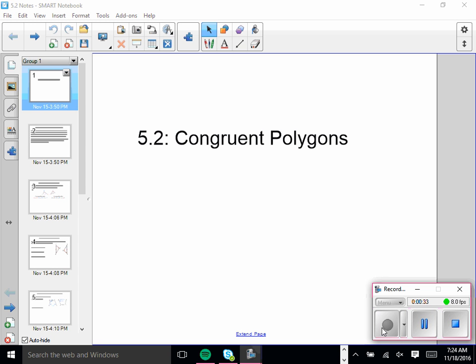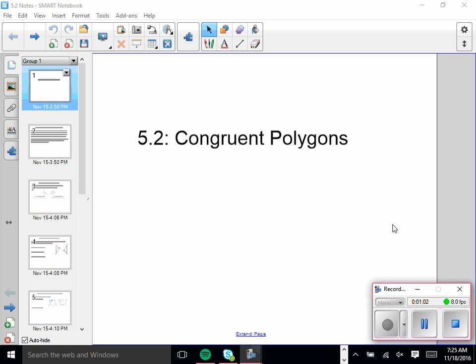And then I also need your journals open to page 130 if they're not already there. Page 130. So I'll wait just a second here. Now, if you are prepared, congruent polygons. Congruent is a word that we've heard over and over again this year. So if I were to ask you what congruent meant, hopefully you're thinking in your head, same size.